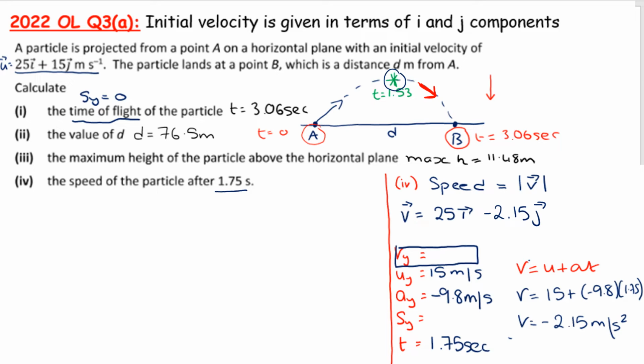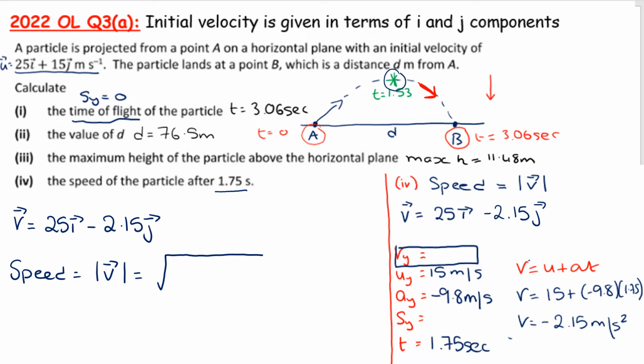So if I have my vector v, which is 25i minus 2.15j, I want to work out the speed, which is what they asked, which is the magnitude of the vector. So that is the square root of the i piece, 25 squared, plus the j piece squared.